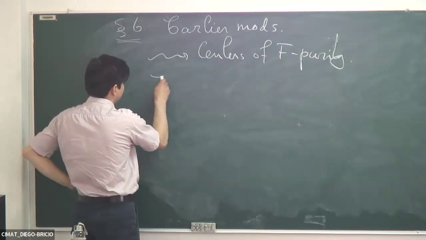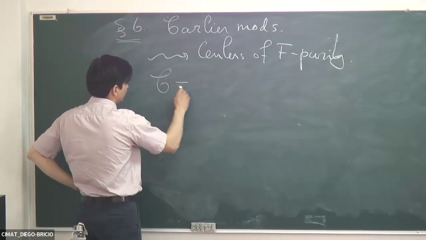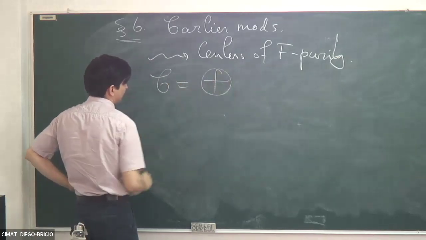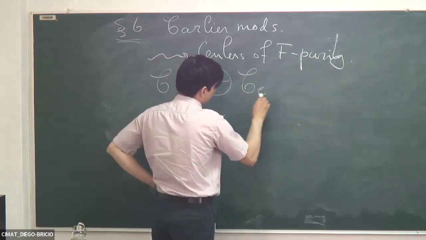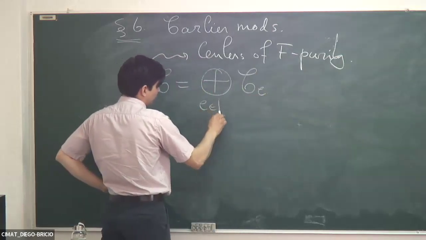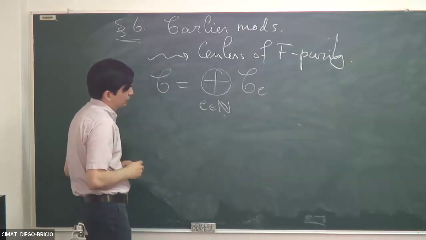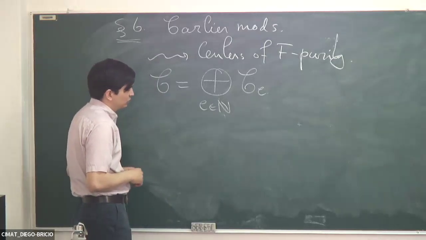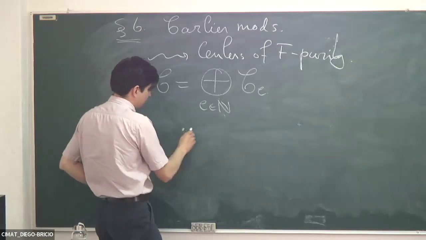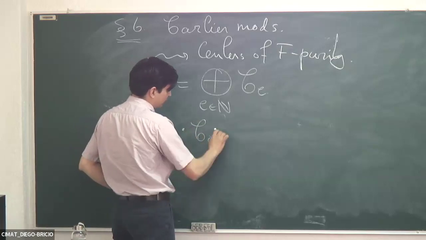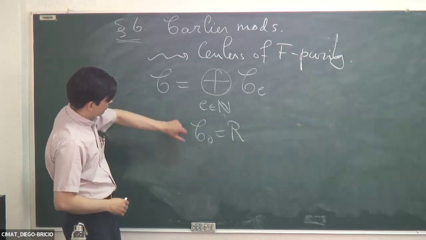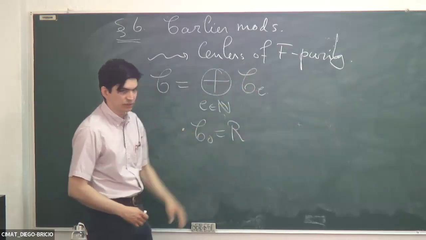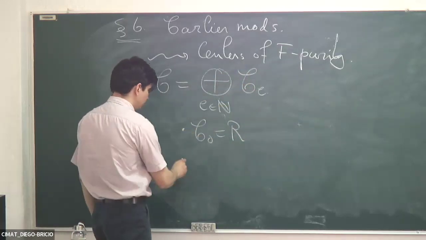So we had a Cartier algebra. Remember that this is going to be this graded ring over the natural numbers. And what is the condition we ask about it? Well, we always want that the degree 0 piece is R. And this is going to make every single piece here C_e an R module.